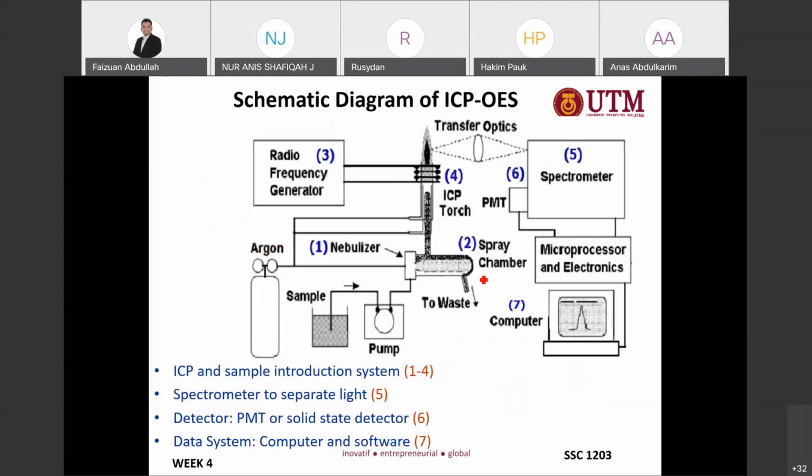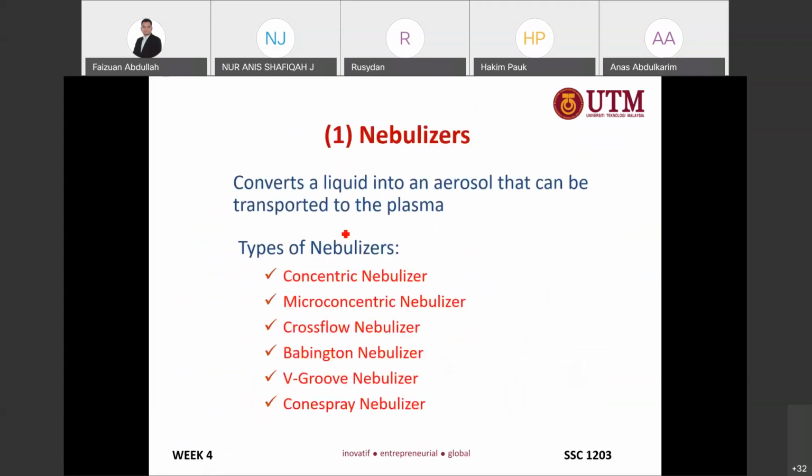So similar to AAS and AES, in the ICP-OES we have a nebulizer. What is the function of the nebulizer? To atomize the sample, to spray it, to let it pass to the plasma.